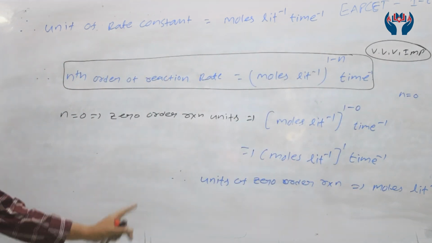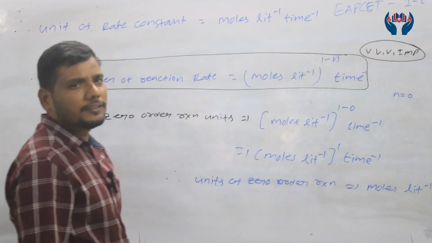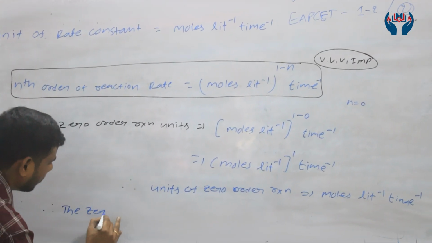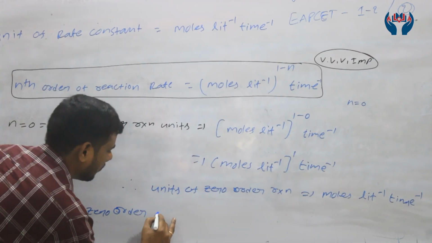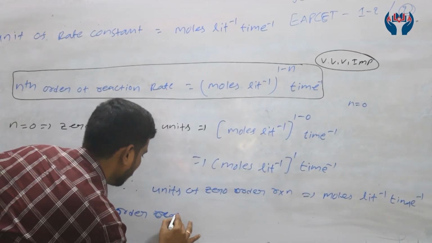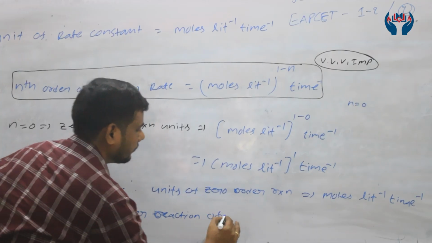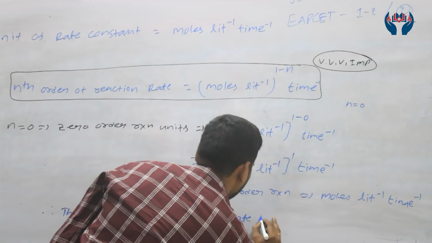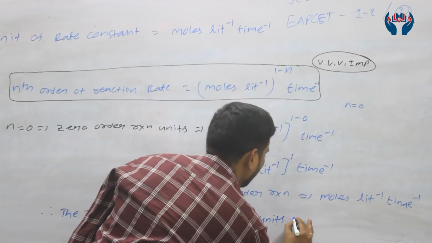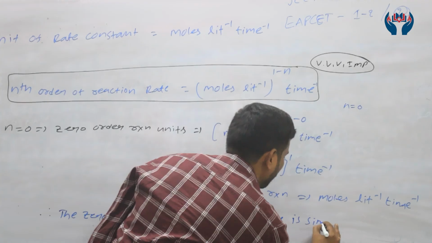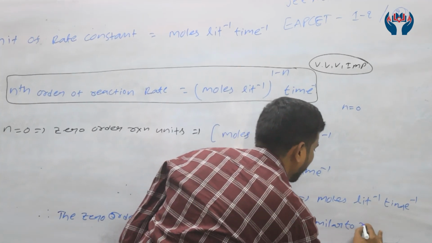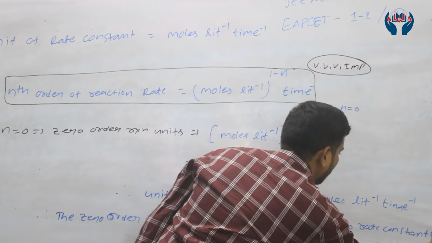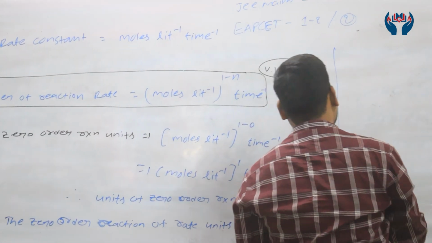The zero order reaction rate units are similar to those of the rate constant K. Okay, then this is the zero order reaction.